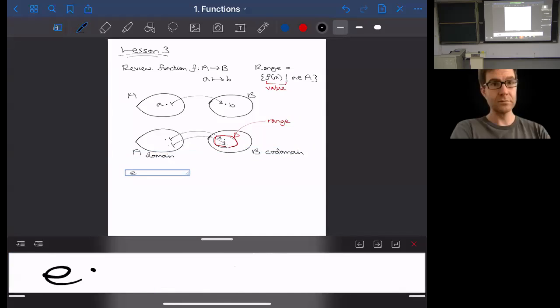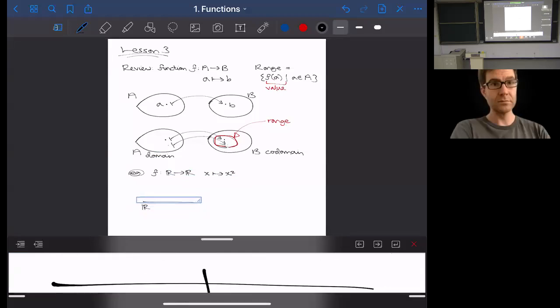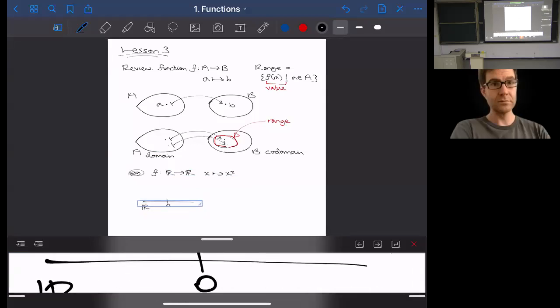So, example, for f from R to R, given by the formula x squared, A is the real line. Let's put 0 here.